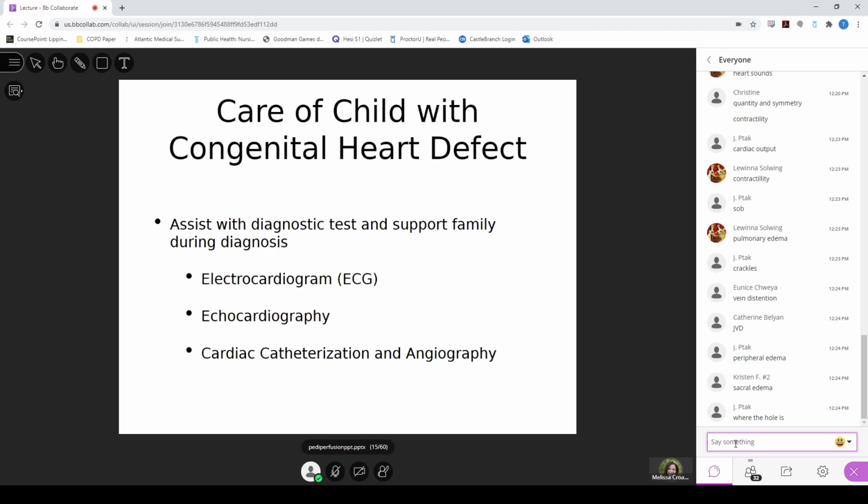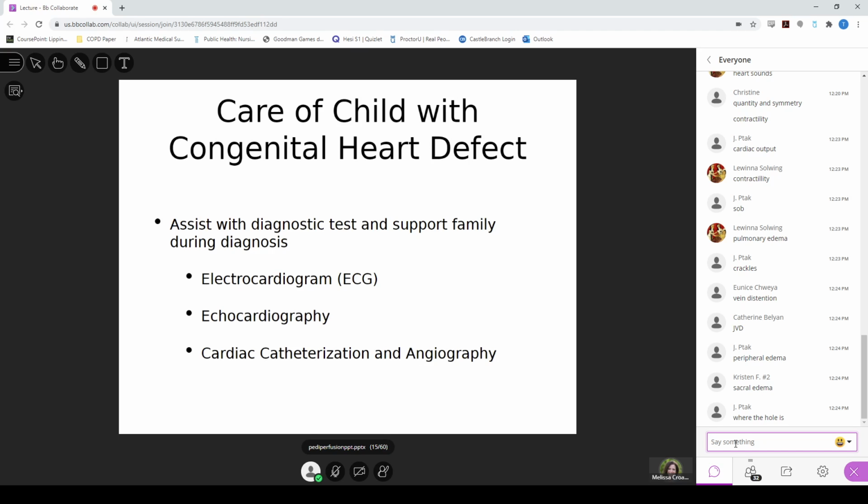Is it enlarged? It can tell you if there's a reduced size in the pulmonary artery. So you can basically look at the heart during an echo. It can tell you where the blood is being shunted to, because you know they can turn it to where you can see the oxygenated and unoxygenated blood, and you can see where the shunt's at.